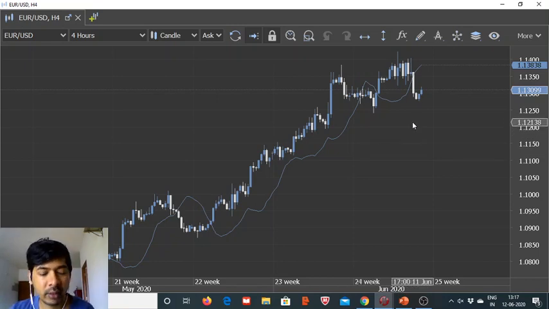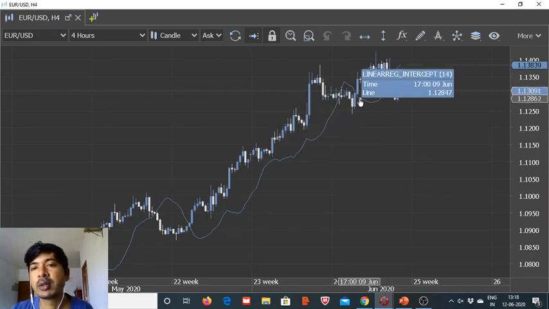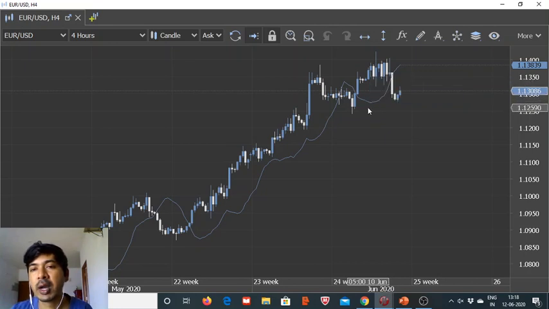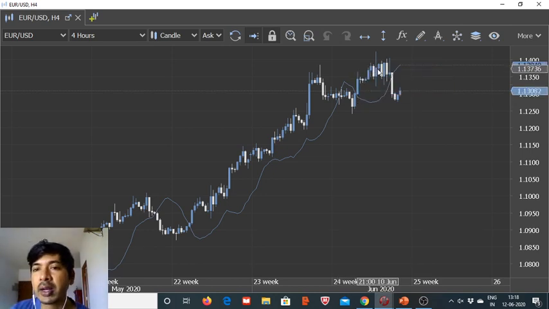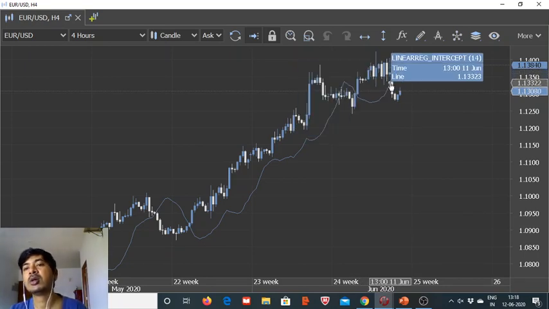Now for the buy side trades to happen, we need the last 4 hours candle to have closed above this linear regression intercept drawn on the 4 hourly time frame with the time period defined as 14 candle periods. So here we have this condition, and as you can see, starting from 13 GMT of 9 June, we had the conditions in place till around 13 GMT of 11 June.